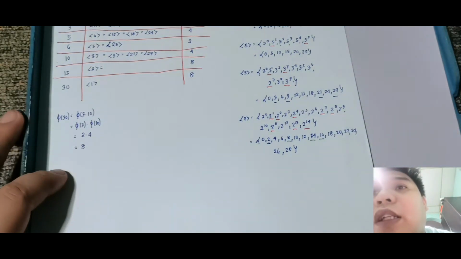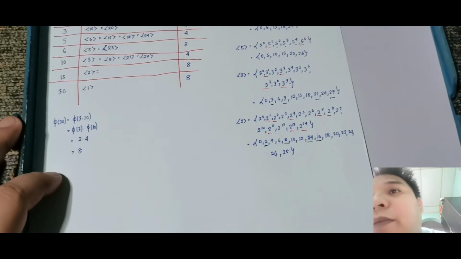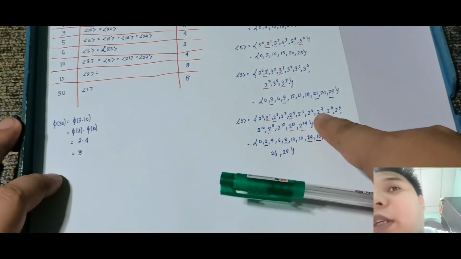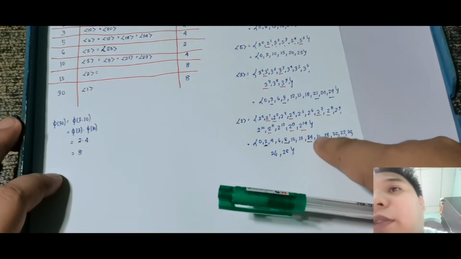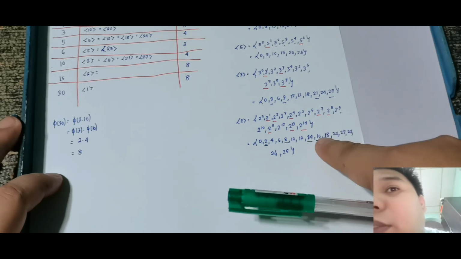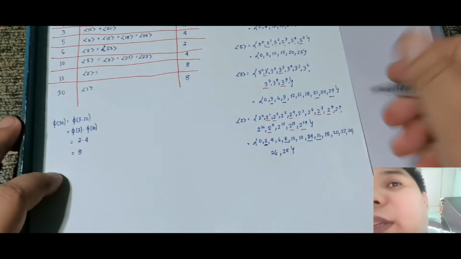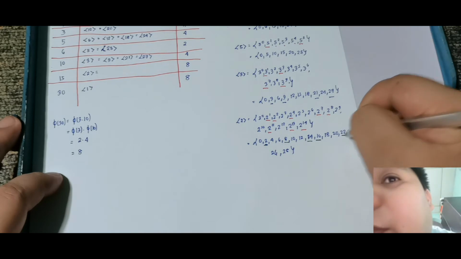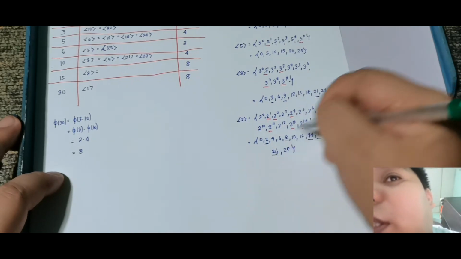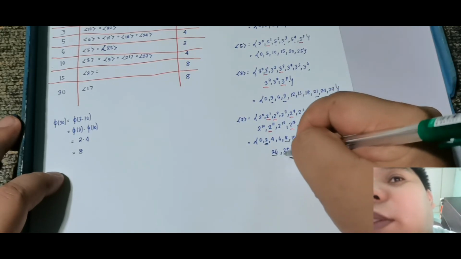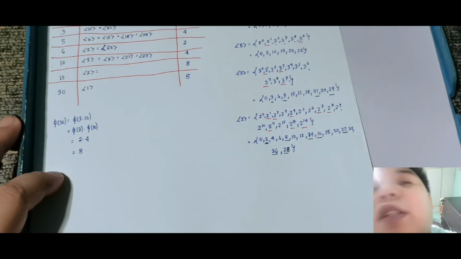Okay, so yun yung mga relatively prime kay 15: 2 raised to 7, 2 raised to 8, then 2 raised to 11 is 22, 2 raised to 13 is 26, 2 raised to 14 is 28. So this is 28.